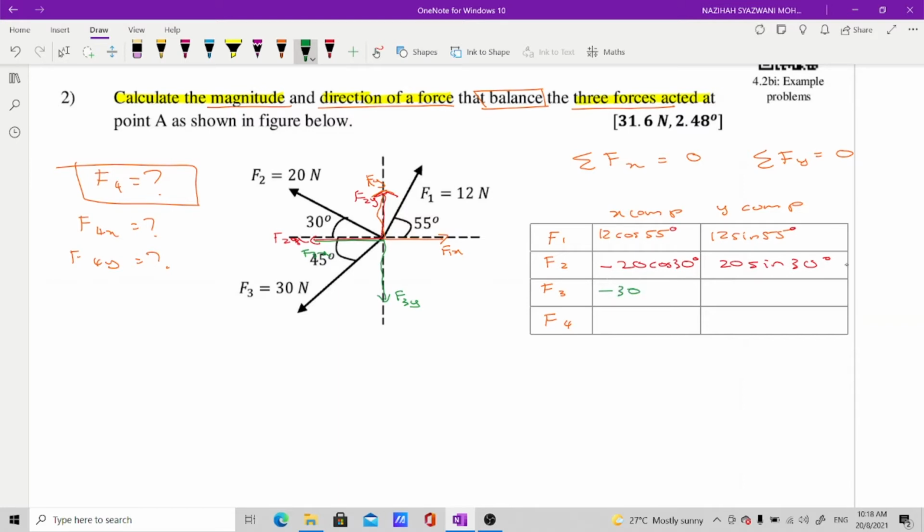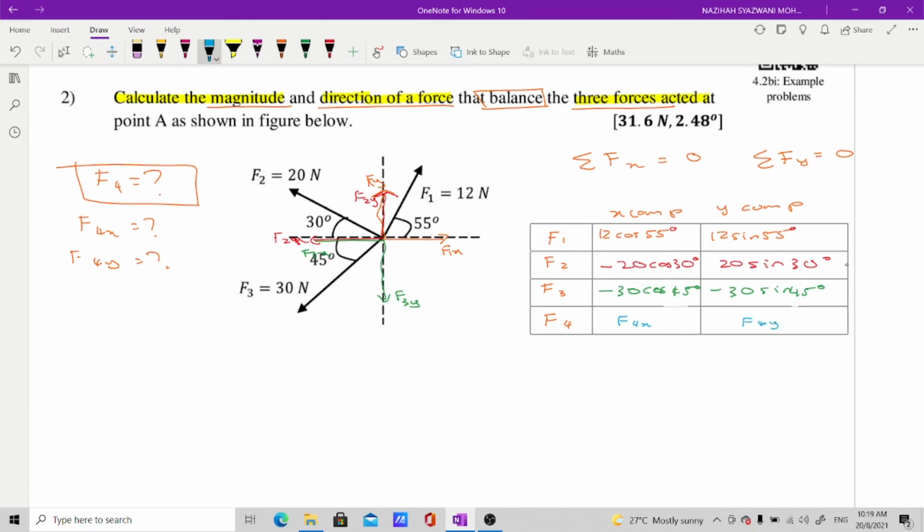The magnitude of F3 is 30 and the position of the angle is here, so it would be cos 45 degrees. F3y is acting downward, so a negative sign as well. That would be F3 sine 45 degrees. We don't have any further information regarding F4x and F4y, so let's just put it like that.